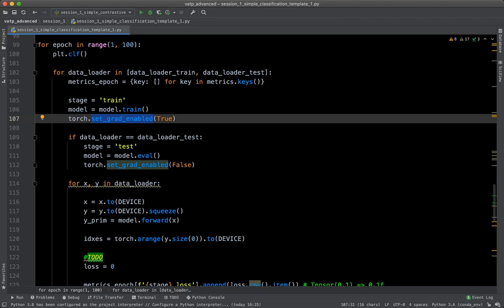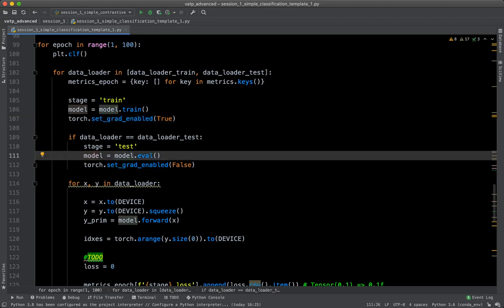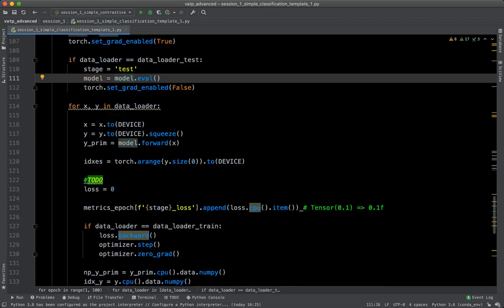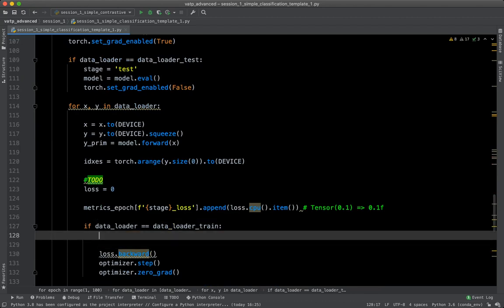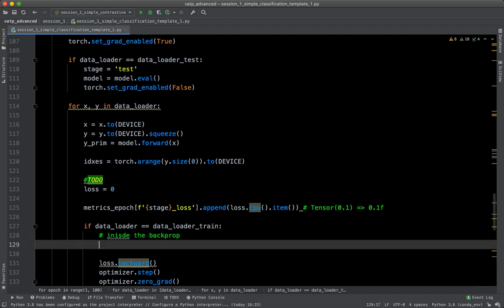If you think about how backprop works in PyTorch, for example, if we have the loss backprop here, it would find the weight, then calculate the gradients, and then also accumulate those gradients.